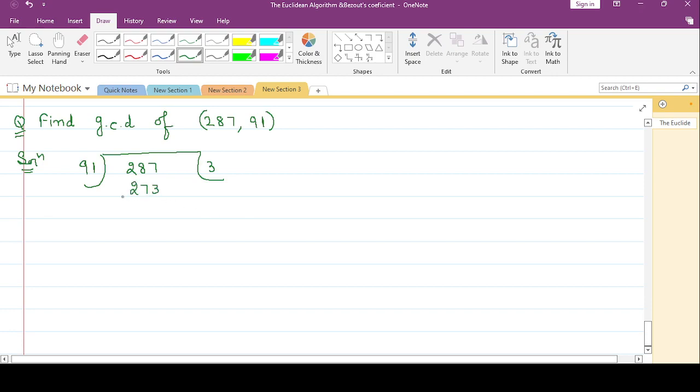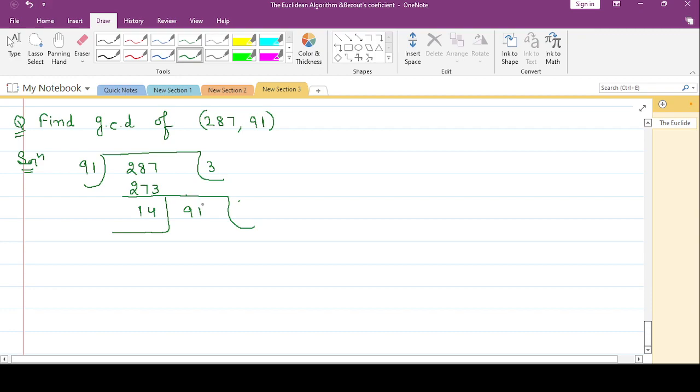Now 287 minus 273, what is it? It is 14. Now divide your previous divisor 91 by 14.